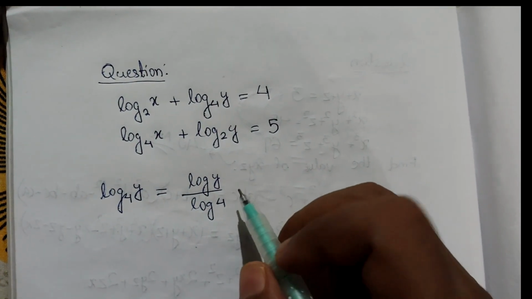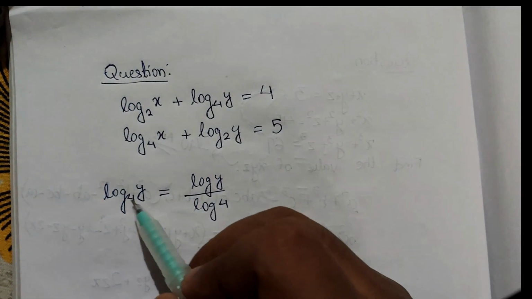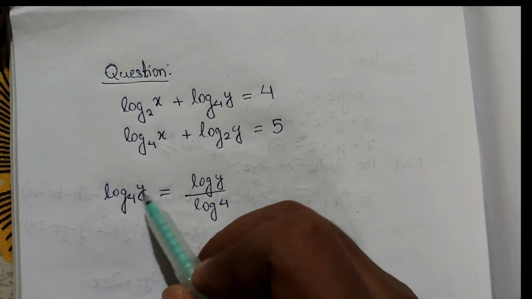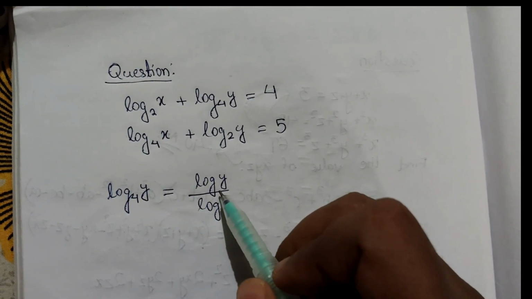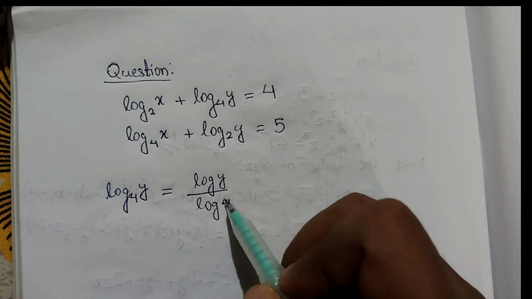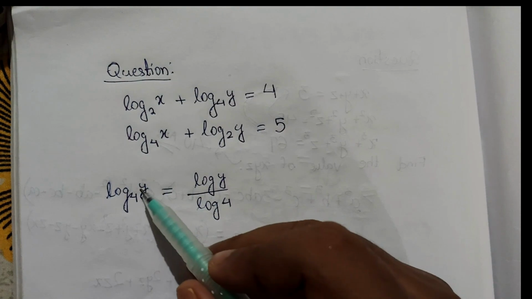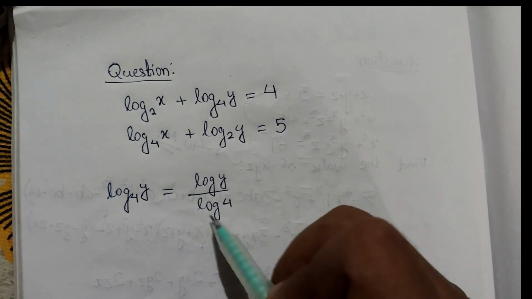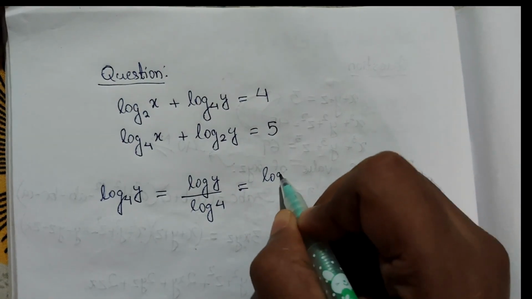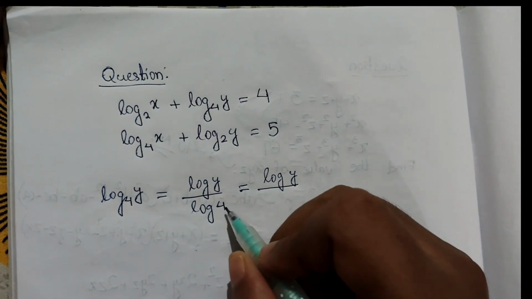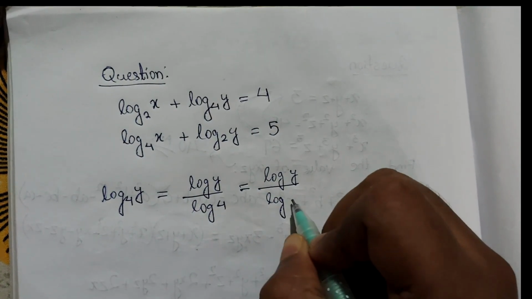We can write this because of the property of log, that if we have a base and a number, then we can write it in the form of a fraction by taking a common base. So here we have taken log 10 for y and 4. So this is a property of logarithm if you don't know. So you can write log base 4 of y as log y by log 4. Now what we do is we write 4 in terms of 2. So we can write 4 as 2 square.